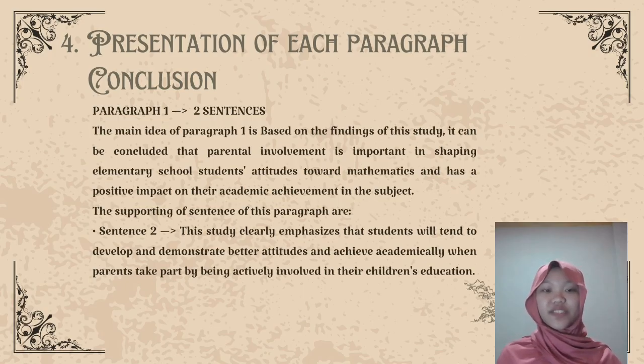The supporting sentence of this paragraph, sentence 2, contains: these studies clearly emphasize that students will tend to develop and demonstrate better attitudes and achieve academically when parents take part by being actively involved in their children's education.